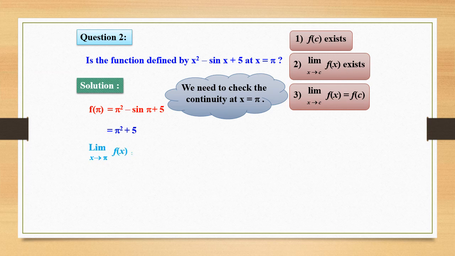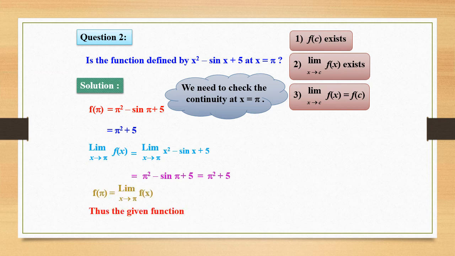So next, limit of the given function. So limit of x square minus sine x plus pi as x tends to pi is equal to pi square minus sine pi plus pi, which again equals pi square plus pi. So we can see the value of the function at pi and the limiting value both are equal.